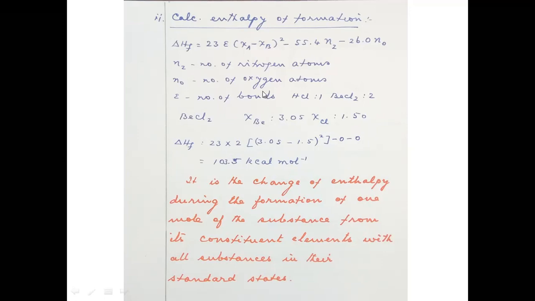The chi A is 3.05 and chi B is 1.5, so whole squared, and minus, there are no nitrogen atoms and no oxygen atoms, so those are 0, 0. When you do this, it comes around 103.5 kilocalorie per mole. So this is how the enthalpy of formation is calculated.